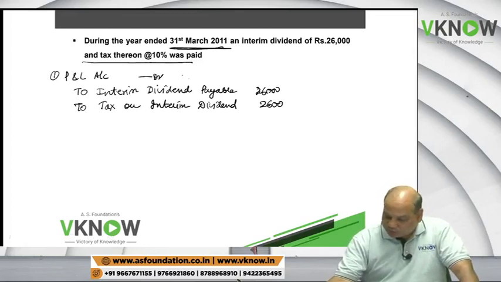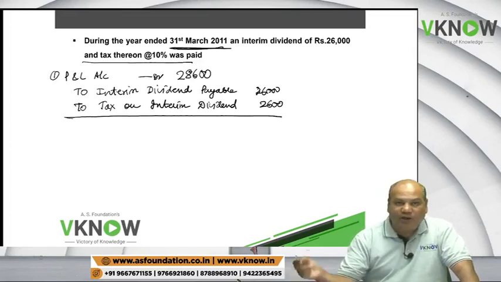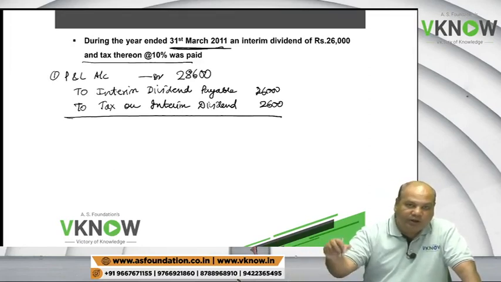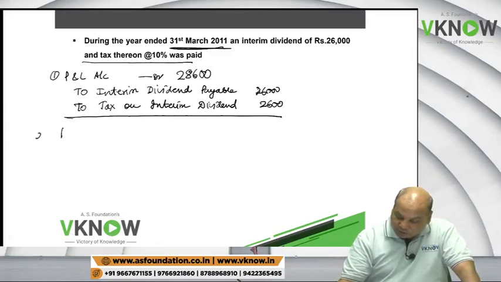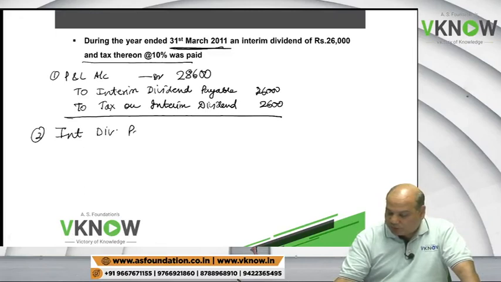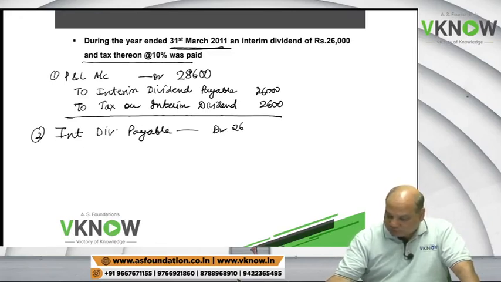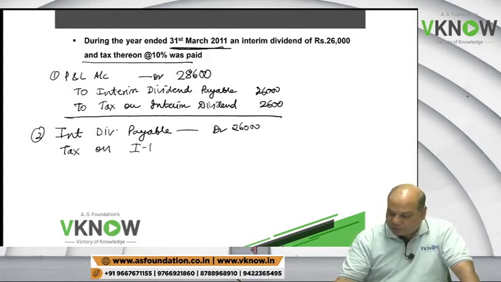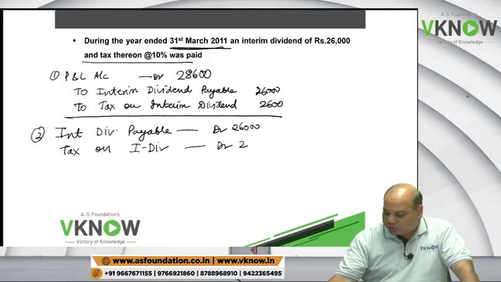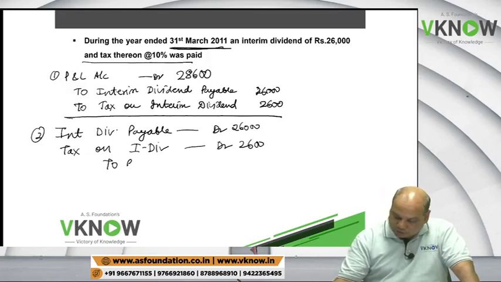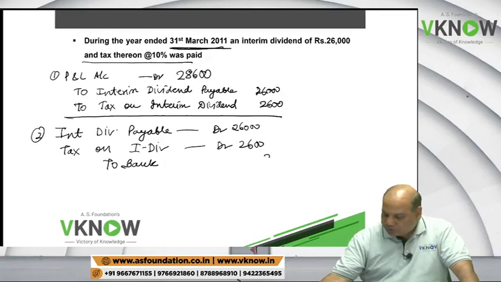So P&L account debit will be 28,600, and then they have paid this dividend. So the next entry number 2 here would be interim dividend payable account debit 26,000, tax on interim dividend debit 2,600, and to bank 28,600.